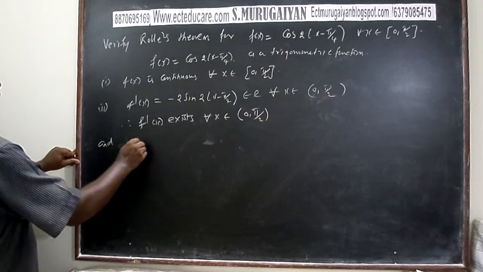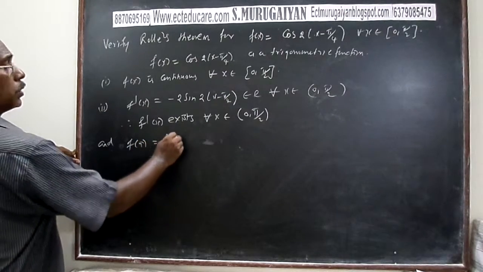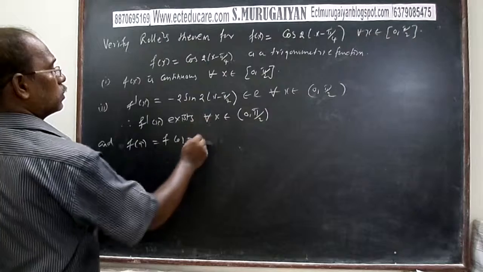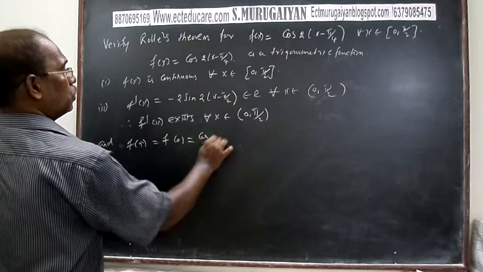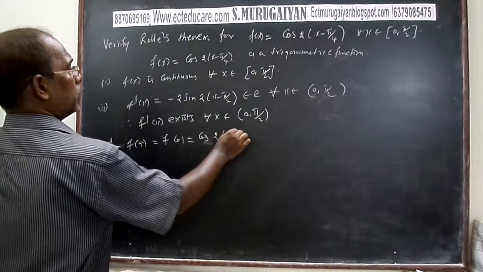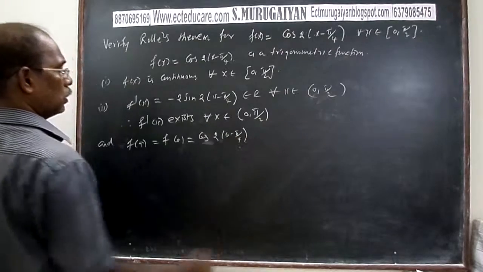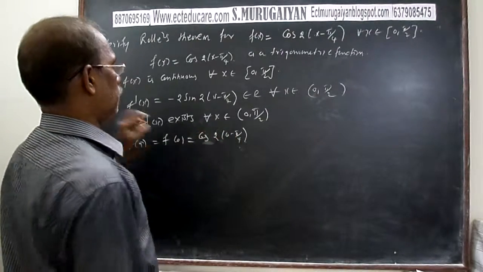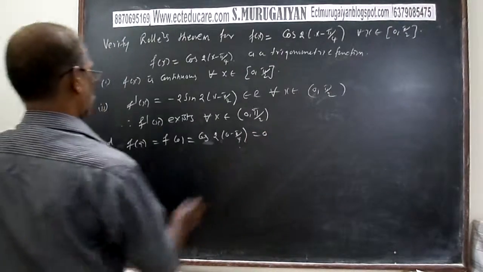And f(a), that is f(0), is cos(2 × 0 - π/4), that is cos(-π/2), which is equal to 0.